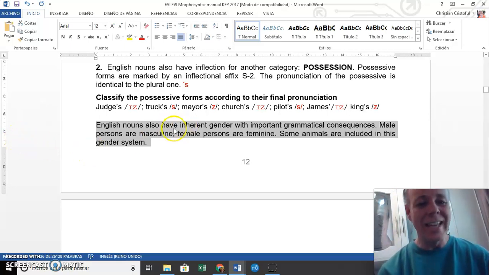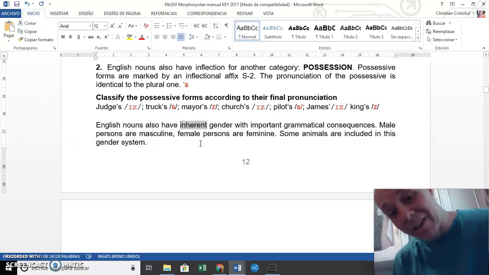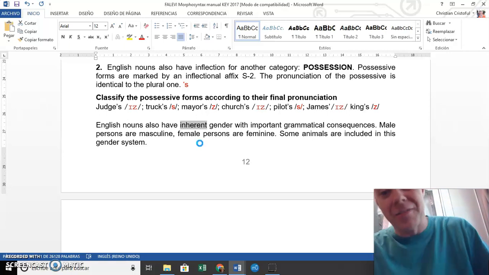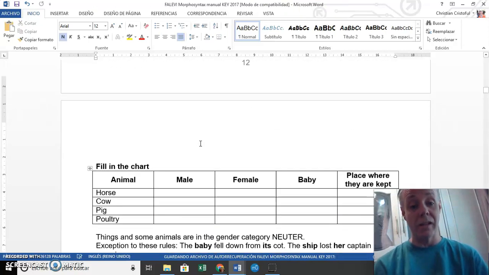They are just inherent. Inherent means that they are born with that gender. Okay? Arbitrarily, there is no reason why. So male persons are masculine, female persons are feminine, and some animals are included in this gender system. For example, a cow is always female and a bull is always male.